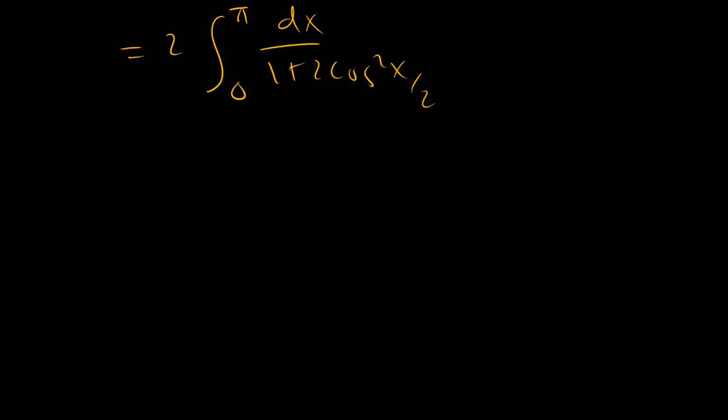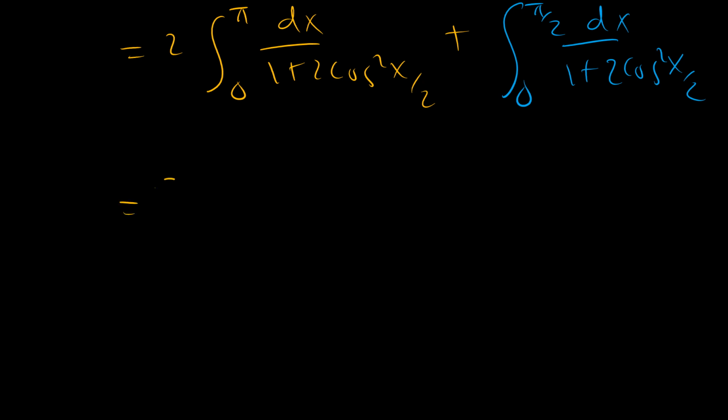And so our integral is twice the integral from 0 to pi of dx over 1 plus 2 cosine squared of x over 2, plus the blue integral, which is from 0 to pi over 2 of dx over 1 plus 2 cosine squared of x over 2. We have to look at the limits here. When x is 0, tan of 0 over 2 is 0.